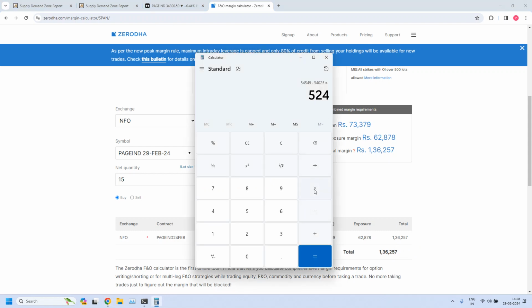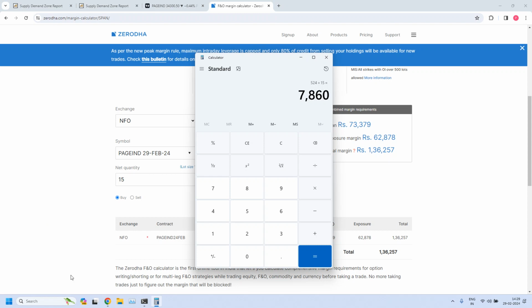So 524 into 15, you got 7,860 rupees profit on Page Industries. Let me note it down also, to save my time, because we need to upload this data to the Excel sheet. So 7,860 is the profit.